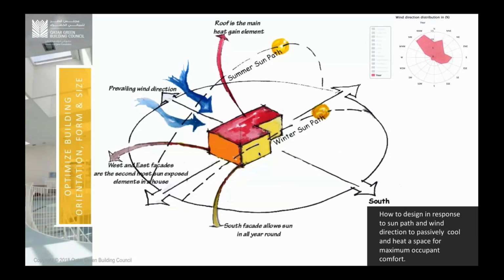Next principle is optimizing building orientation, form, and size. And for that, I can highlight how this is a very important, very crucial step. This is the keystone of everything that will follow. It starts from understanding your context, the environmental context, the principles of physics and geography, your wind direction, your solar sun path overall, and how to design in response to sun path and wind direction to passively cool or heat the space for maximum occupant comfort.